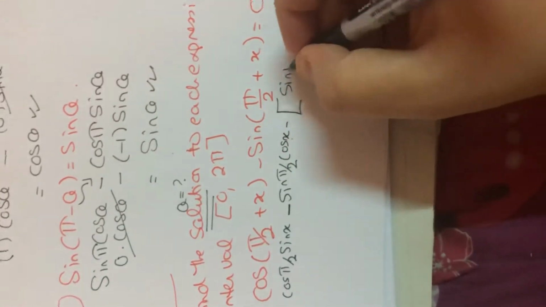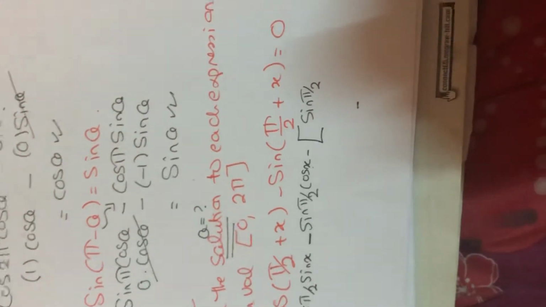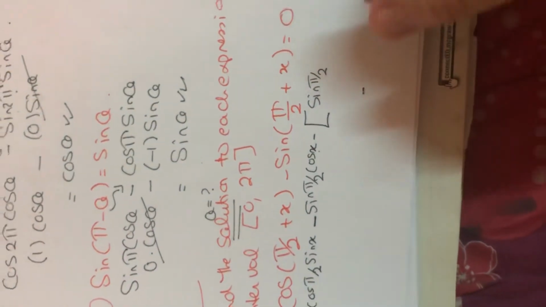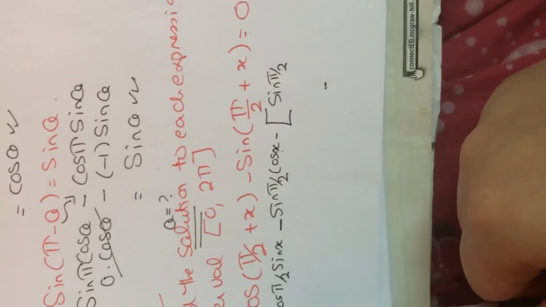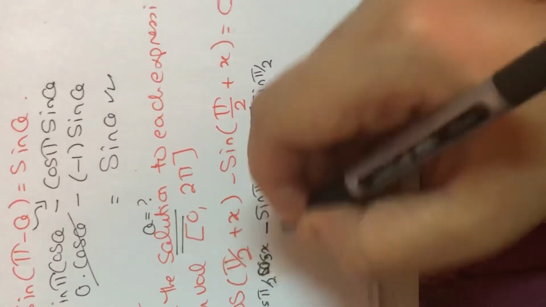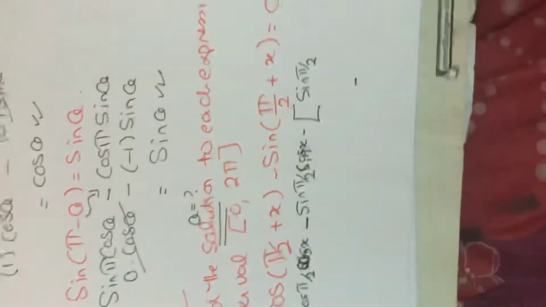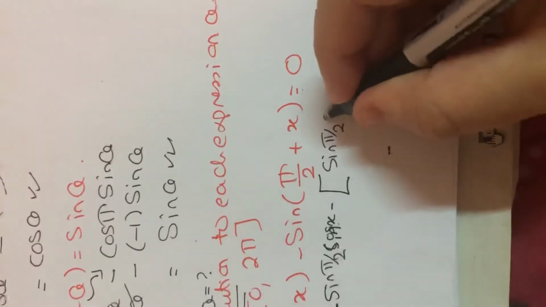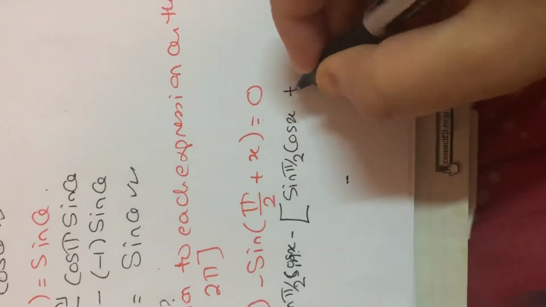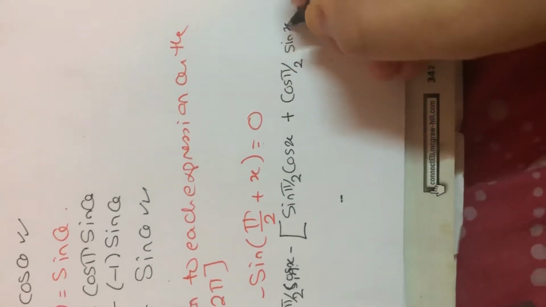For the sine we go sine pi over 2... no, it's the opposite, sorry. Cosine is the one that does cosine cosine, sine sine. So cosine is like this and it's the opposite sign. Like sine is sine pi over 2 cosine x, the same sign, cosine pi over 2 sine x.